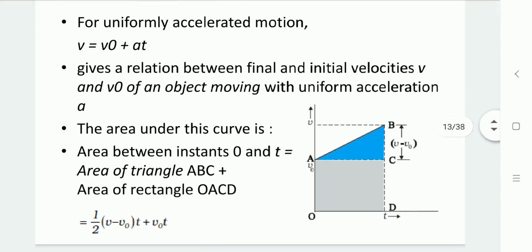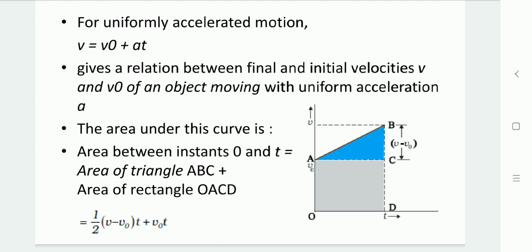as we can see in the diagram, we have defined the uniformly accelerated motion equation v equals v0 plus at in the diagram. So here, let us take initial velocity v0, which is defined in the graph on the y-axis as OA.